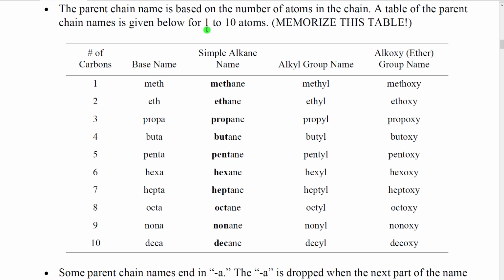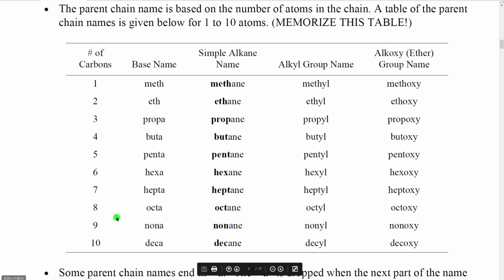The parent chain names for 1 to 10 carbons are given below in this table, and you should memorize this table. This is something that you're going to be expected to know even when you go on into other classes that use organic chemistry or even on standardized exams. I'm going to focus on this first column right here.